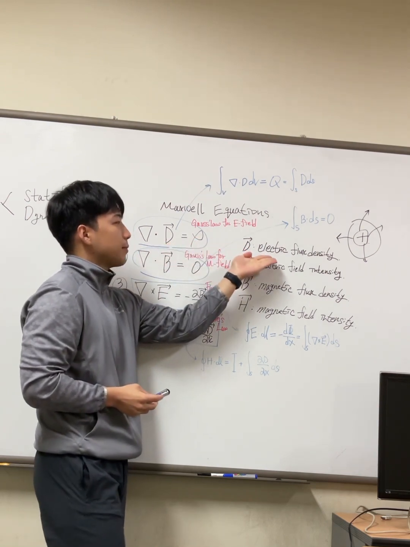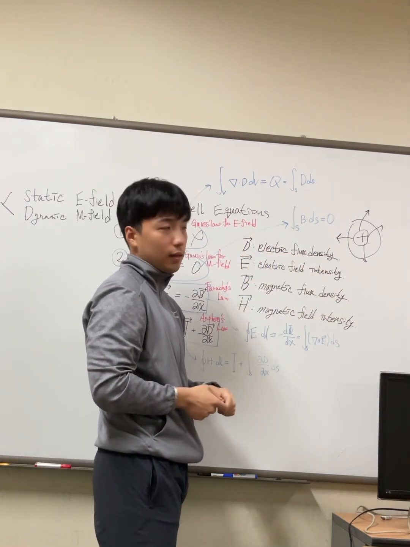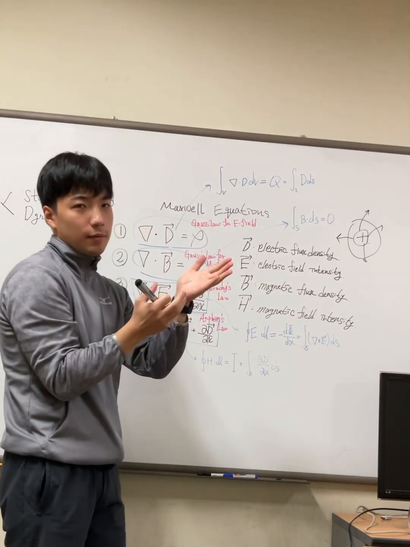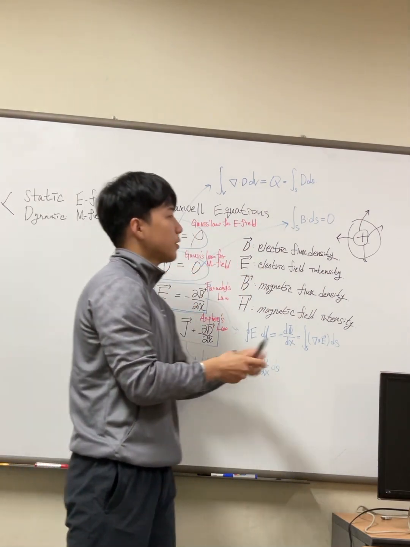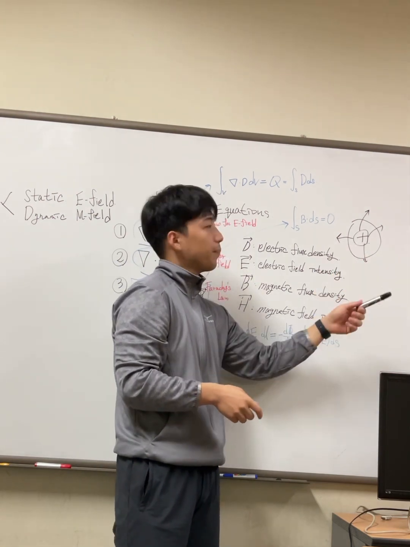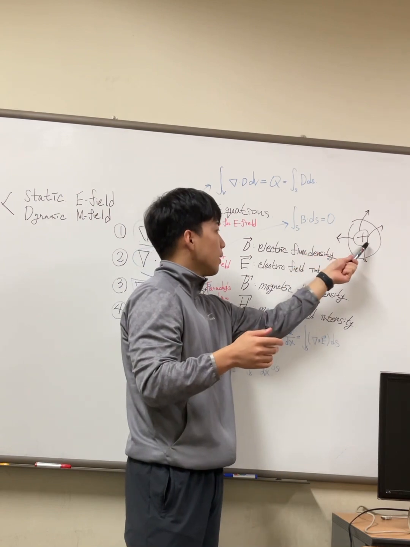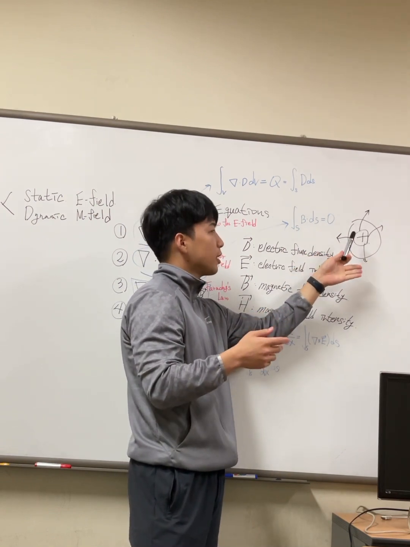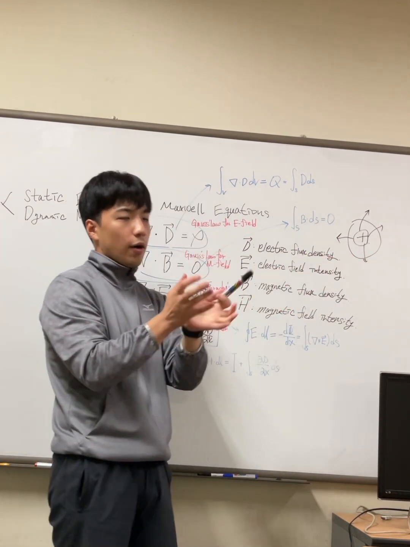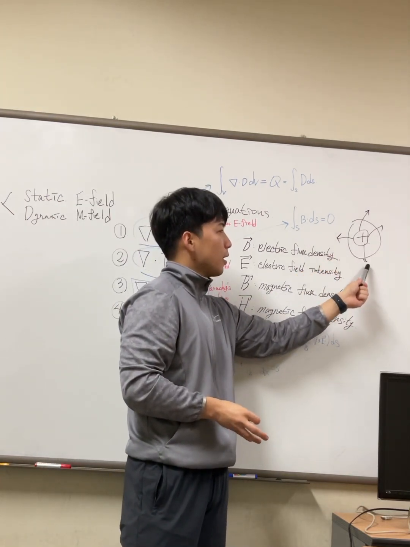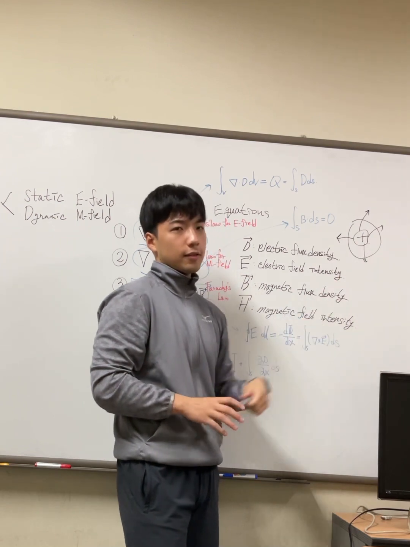Vector D is named electric flux density, but what does flux mean? If there is a unit charge here and there is an electric force between this unit charge and another object, and there is a line of electric force, that means flux.